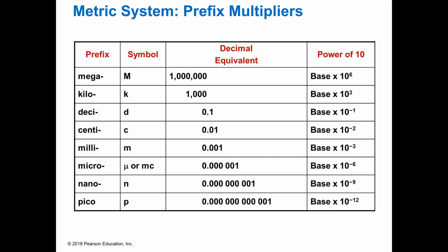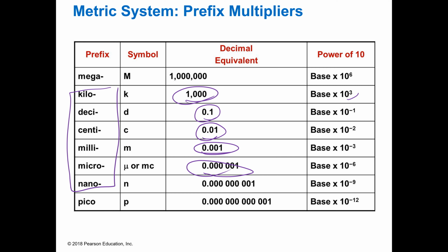We also use metric prefixes in chemistry. Mostly, you're going to use kilo for something that's a bigger amount. Then you're going to see milli, which is a thousandth. In between, you have a hundredth and a tenth, and then a millionth, which is 10 to the minus 6.